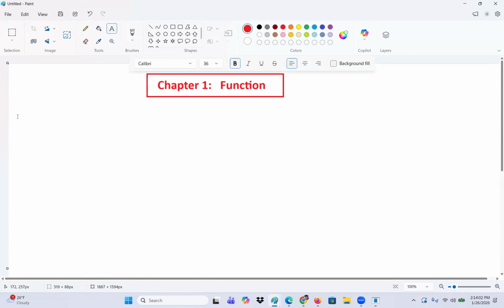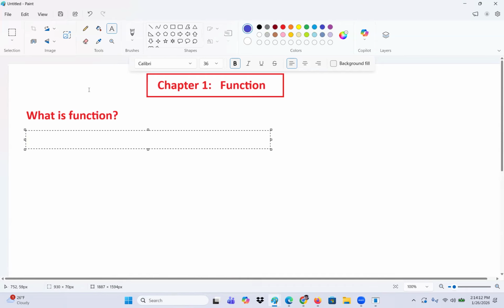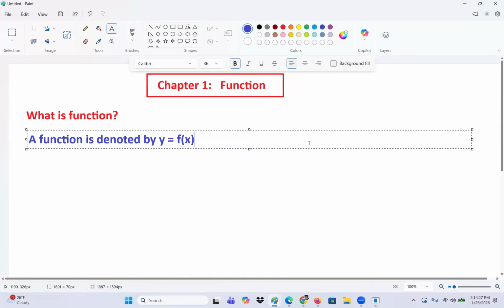So first we need to define functions, right? What is a function? A function is denoted by y equals f of x, right? You have y go first, or sometimes it has to be the first order.